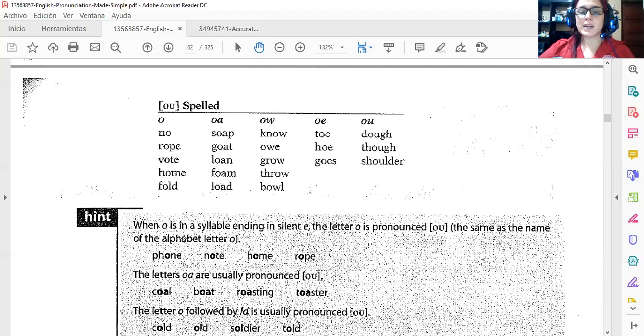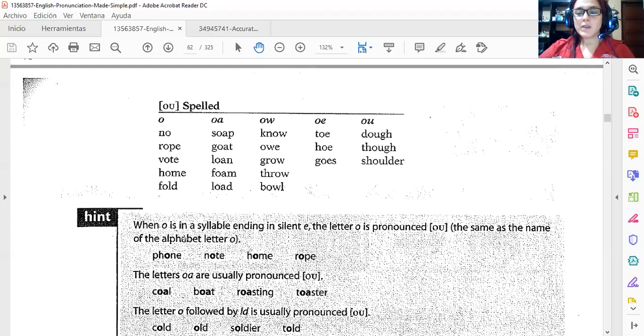Then we have the spelling OA, like in soap, goat, loan, foam, load. OW, like in no, grow, throw, bowl.